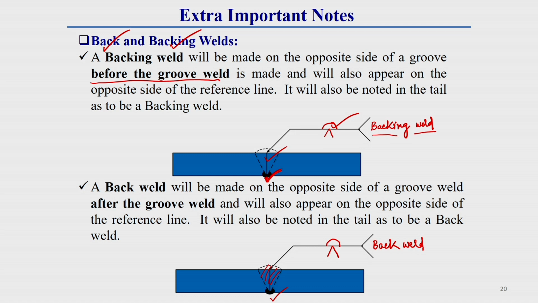Now, one thing you keep in mind: what is the difference between back weld and melt through. In case of backing and back weld, this contour is not filled, that means it is an empty contour, but in case of melt through, there is a filled contour.